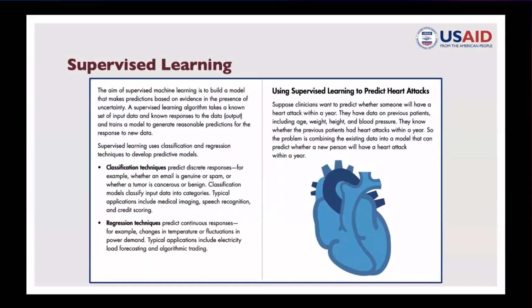Okay? Now, there are, of course, a lot of different learning algorithms under classification. And then there's also a lot of learning models or learning algorithms under regression. Okay? So again, we have rules to follow when it comes to choosing the right model for your machine learning application. Okay?